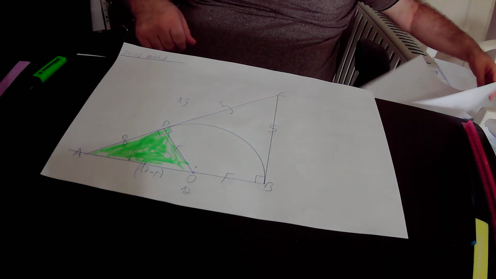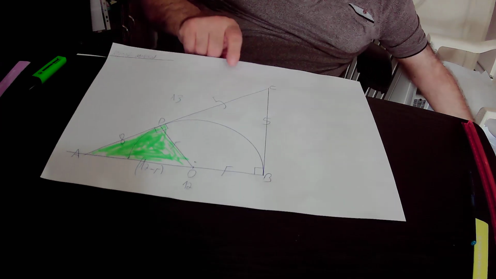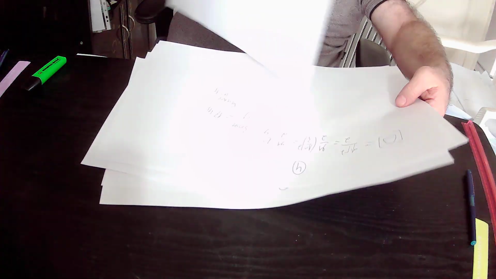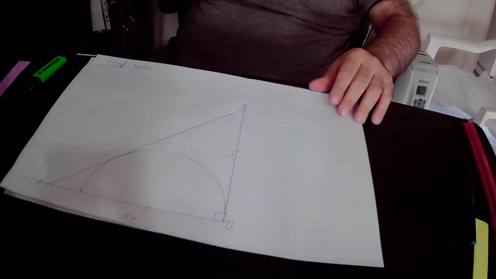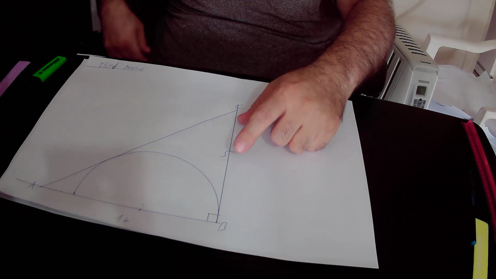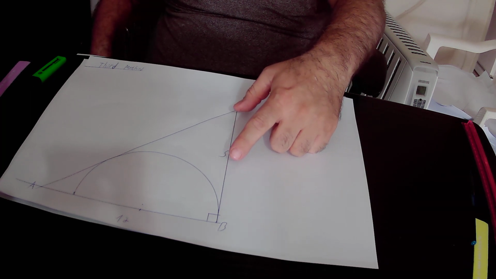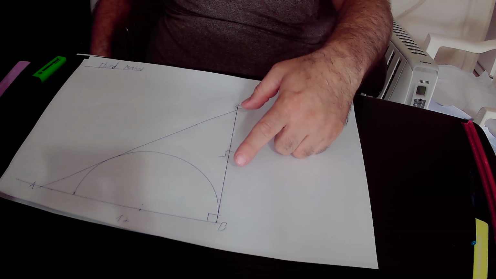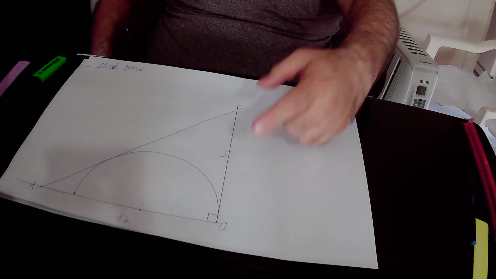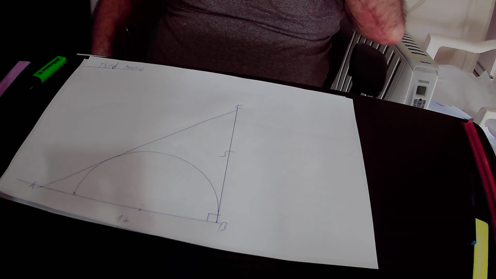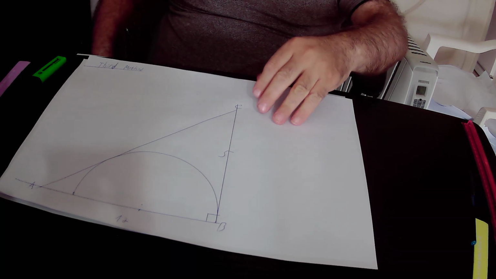So we finished with the second method. Then I presented to you how to find the area of the semicircle according to a third method. In the third method, we drew the mirror image of this figure and we joined this figure with its mirror image, and in this way we created a circle that is inscribed in an isosceles triangle.